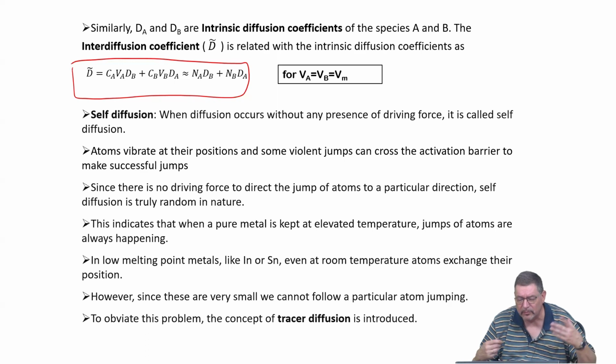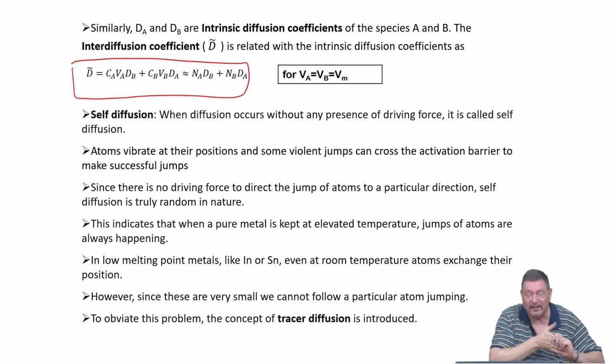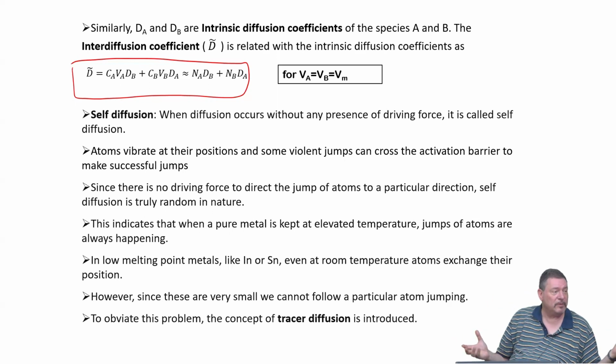So self-diffusion obviously is something which would happen anytime. So if you have a pure piece of tin sitting on the table because you want to do maybe some soldering, be aware that there's a lot of self-diffusion going on at room temperature in this piece of tin. You will not see any of this because this is just an exchange in random orientations.